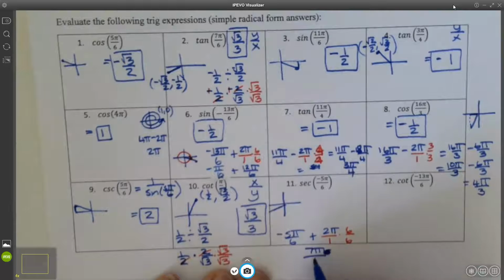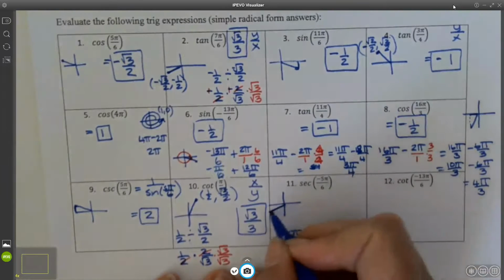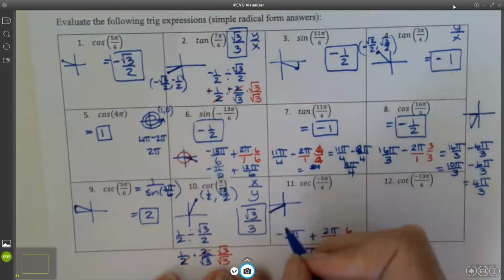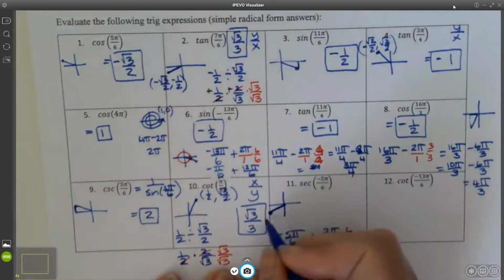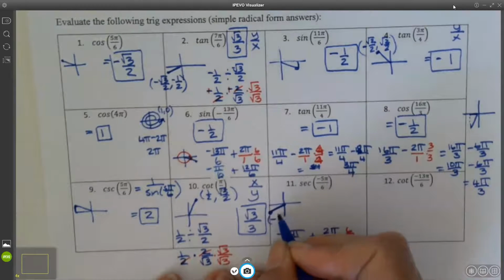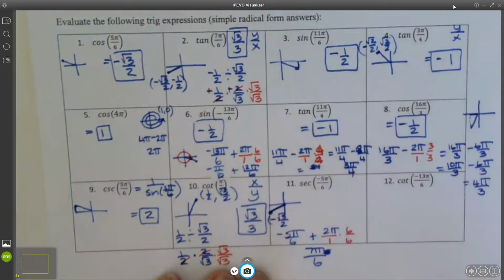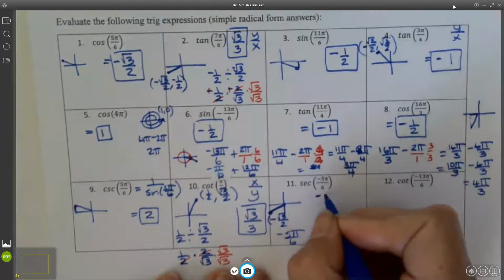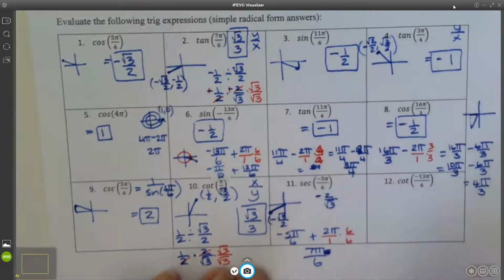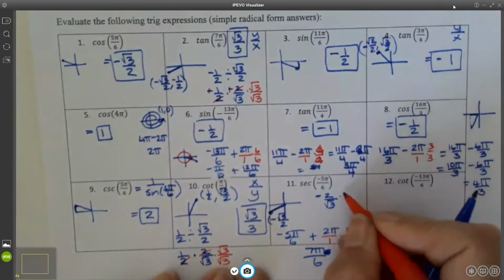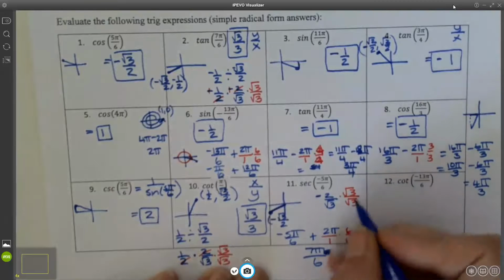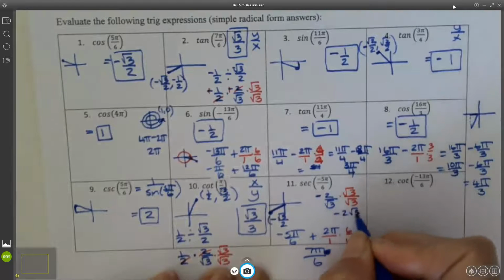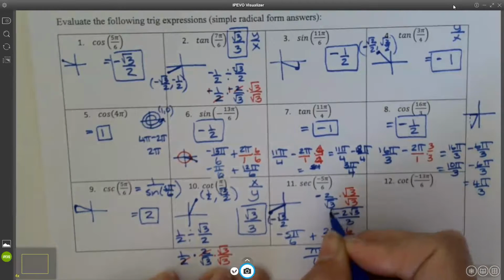And so it's going to be approximately there on your unit circle. The secant is the reciprocal of cosine, and the cosine is -√3 over 2. And so I'm going to take the reciprocal of that, which would be -2 over √3. We're going to need to rationalize that. So you would multiply by √3 over √3, which would equal -2√3 over 3.